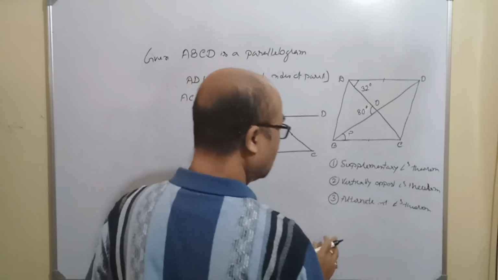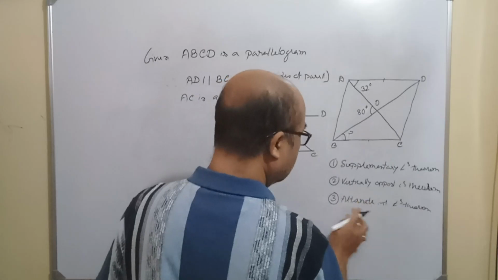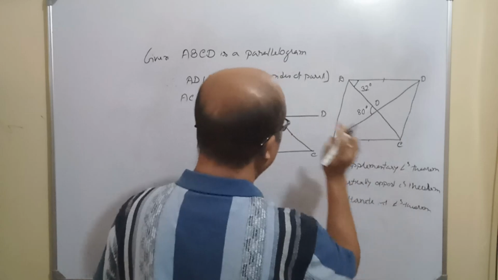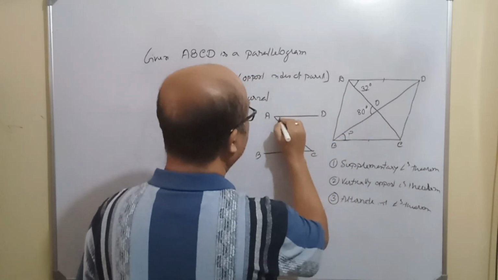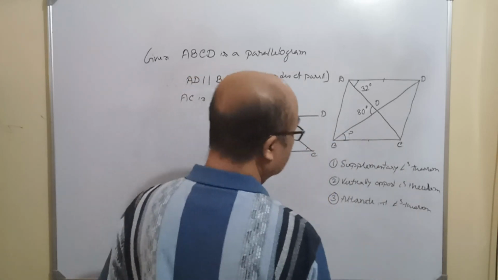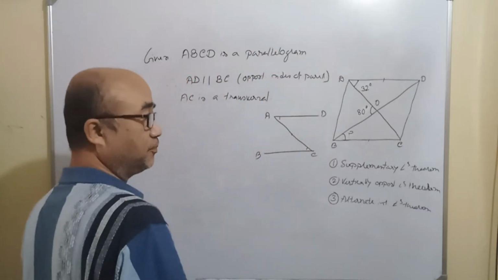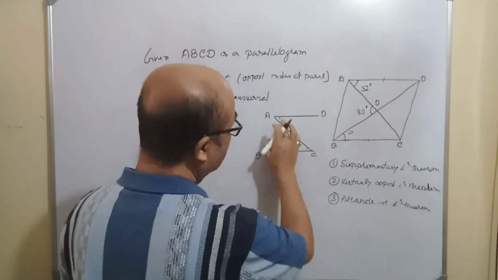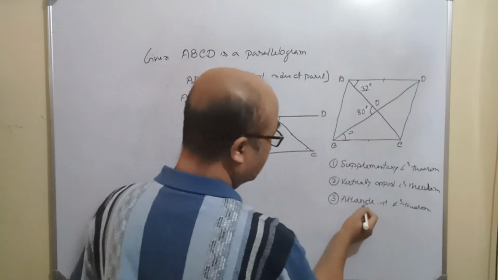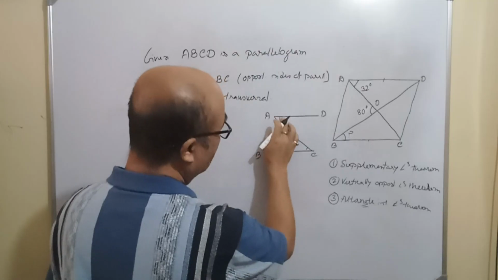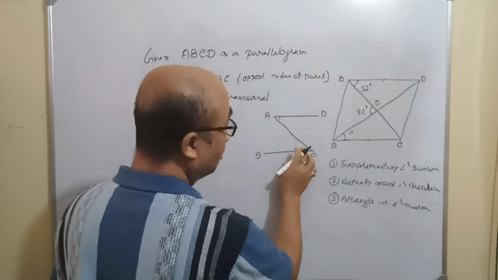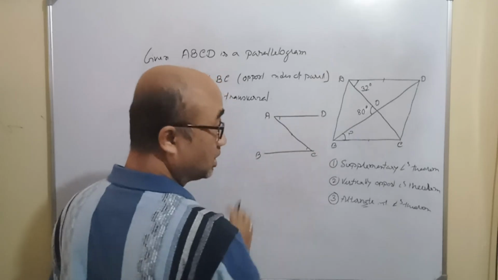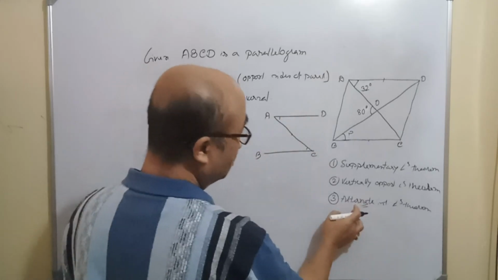So, by this theorem, alternate interior angles here and here, these are alternate interior angles on this transversal. They are equal by this theorem because they are alternate angles on this transversal, and these two lines are parallel. That is a theorem.